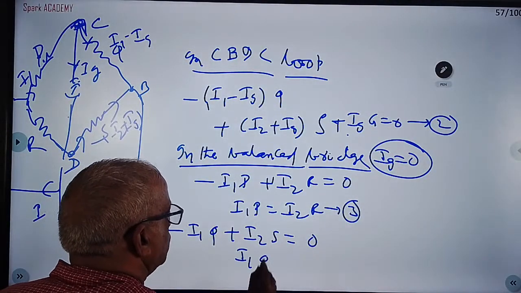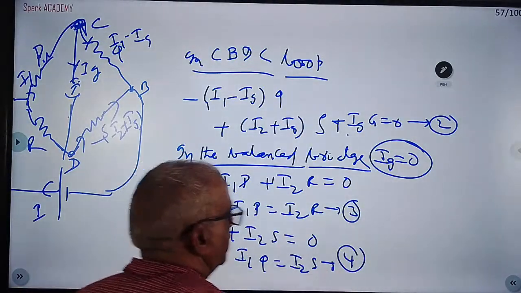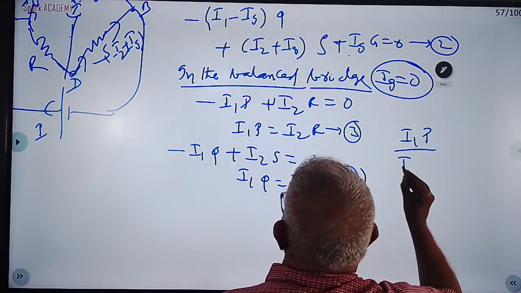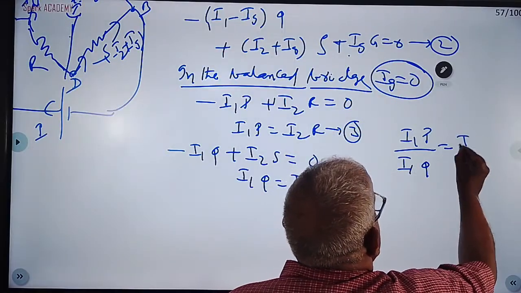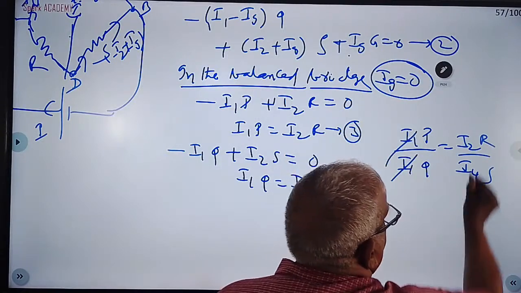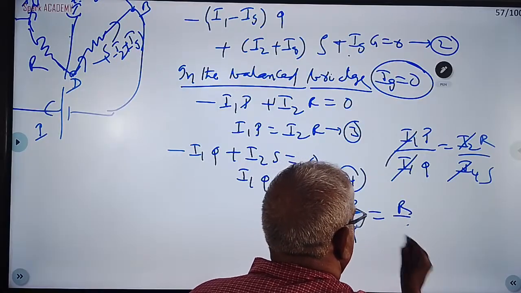Therefore, I1Q is equal to I2S. This is the fourth equation. You divide I1P by I1Q, which is I2R by I2S. I1 gets cancelled, I2 gets cancelled. You get P by Q is equal to R by S.